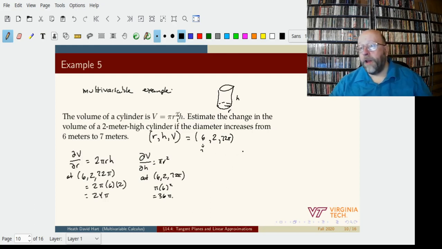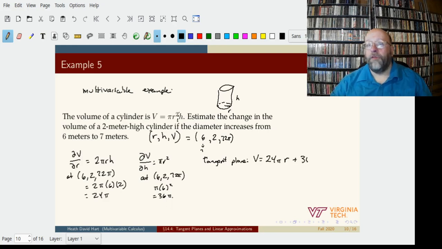And so now we know that the tangent plane will have equation v equals 24 pi times r plus 36 pi times h, the slope in the r direction times r plus the slope in the h direction, plus some constant b. Well, we could figure out what that is by plugging in this point again at 6, 2, 72 pi.